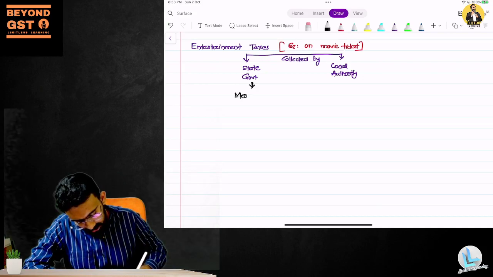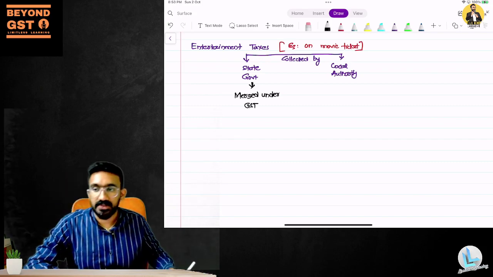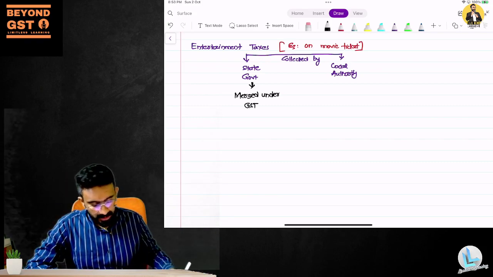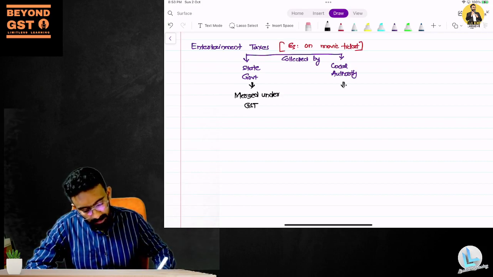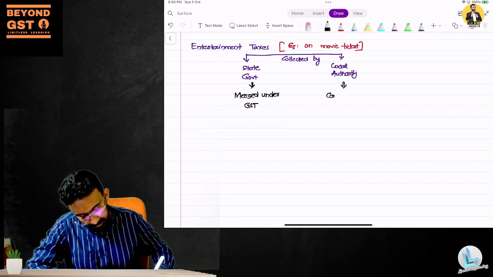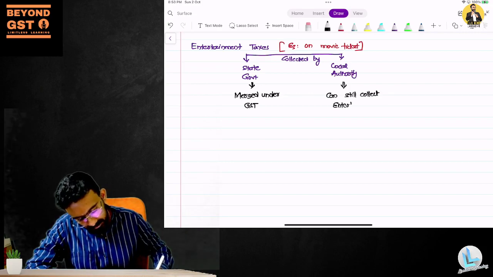No, it is merged under GST. There is no entertainment tax that can be collected by state government now. But local authority can still collect entertainment tax.